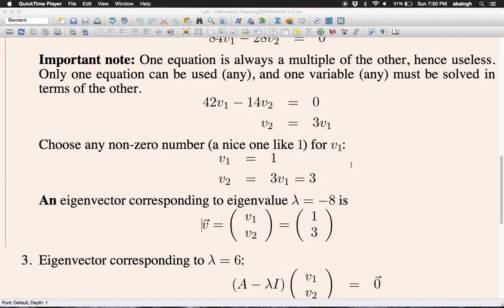Now, at this point, we choose a value for one of the components. In this case, v1, I choose the value 1, which is a very simple, nice integer. And after that, we get v2 equals 3. So that means that an eigenvector corresponding to eigenvalue lambda equals minus 8 is the vector 1, 3. And actually, all other eigenvectors are just multiples of this vector.